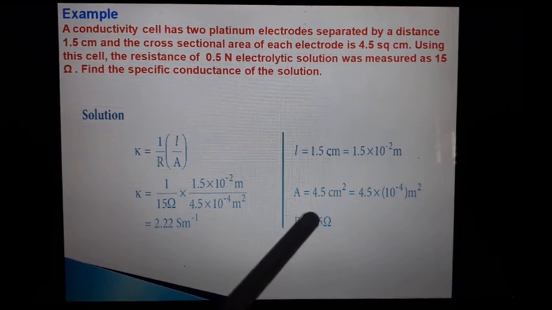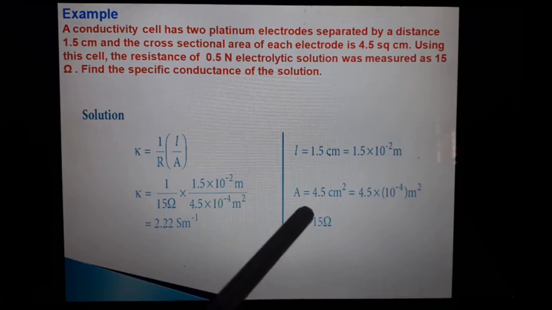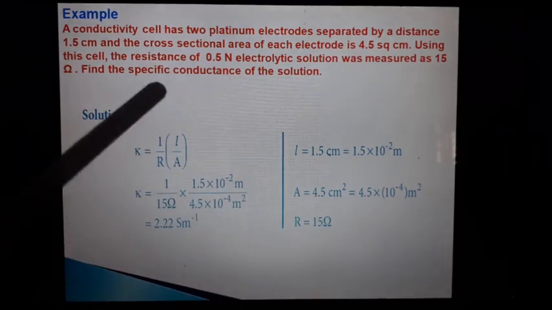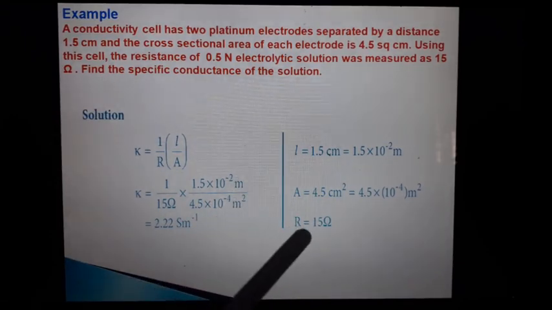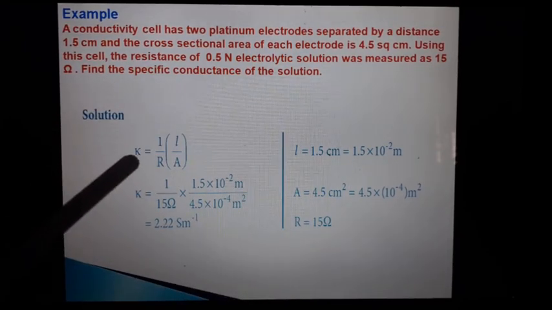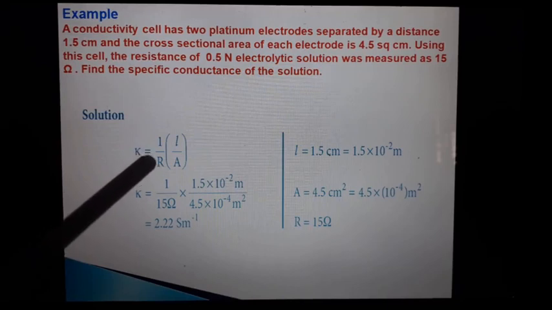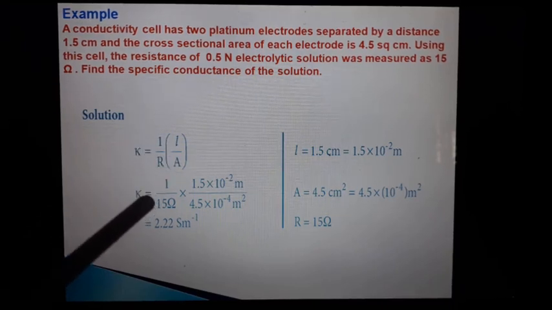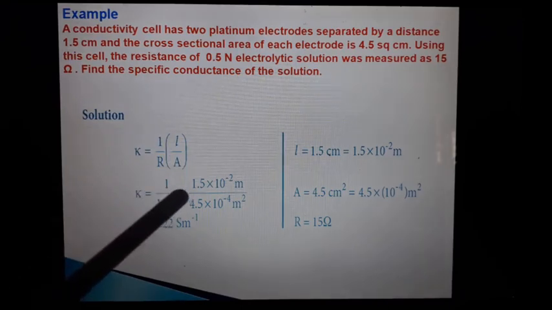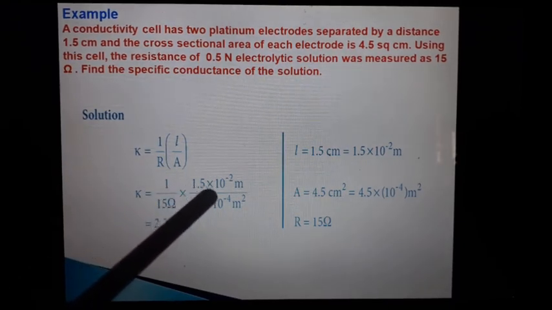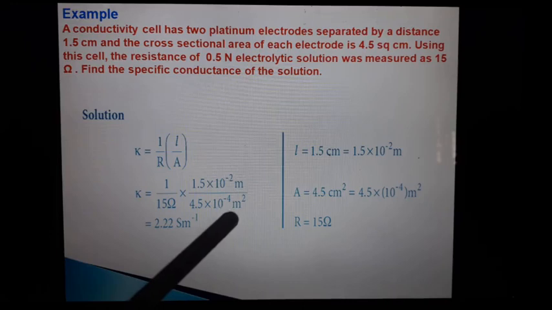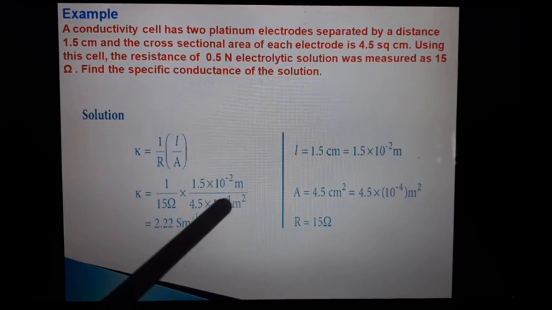Next, resistance of the electrolyte is 15 ohm. Now the formula: kappa is equal to 1 by R into L by A. Substitute: 1 by 15 ohm into 1.5 into 10 to the power of minus 2 meter divided by 4.5 into 10 to the power of minus 4 square meter. Now I will give the full elaborate calculation.